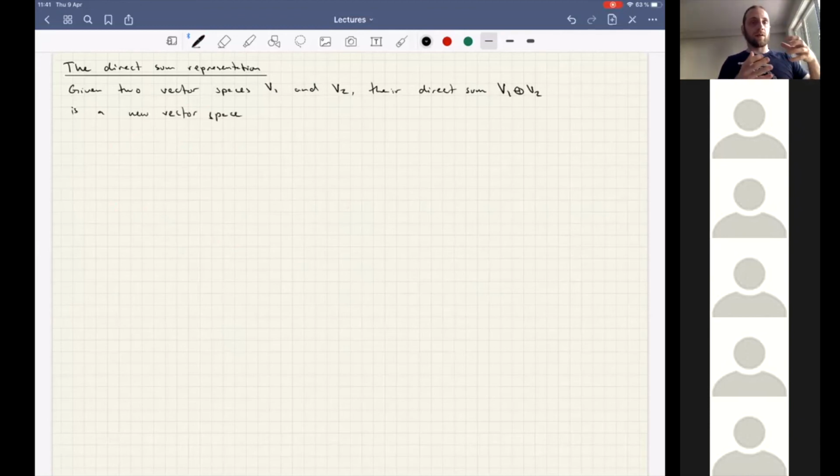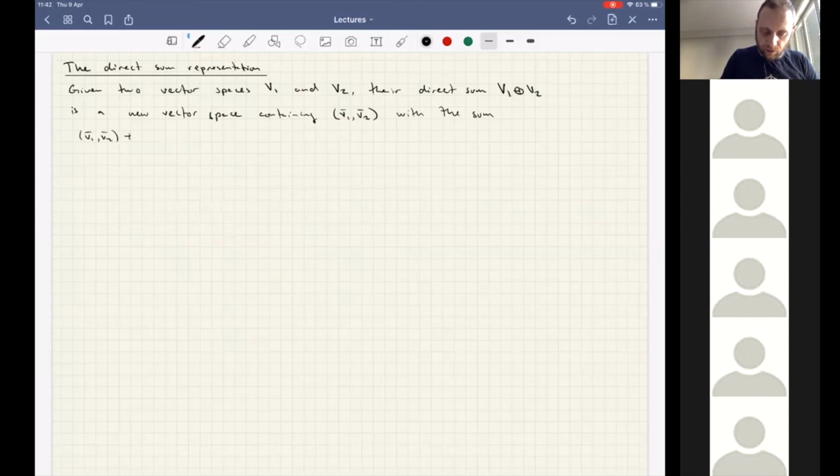Which is just all doublets of v1, v2. And the sum in this vector space is given by: v1, v2 plus u1, u2 is just the sum of the individual vectors.